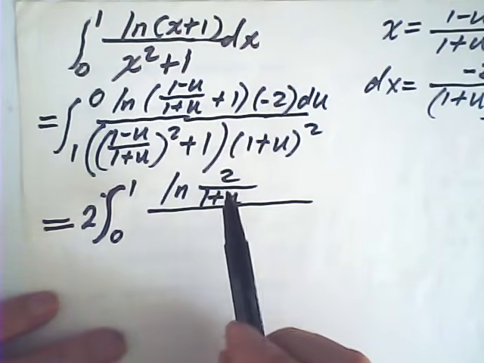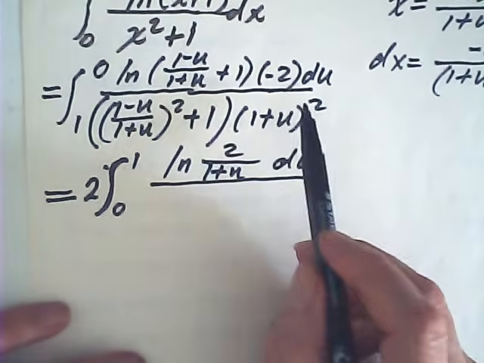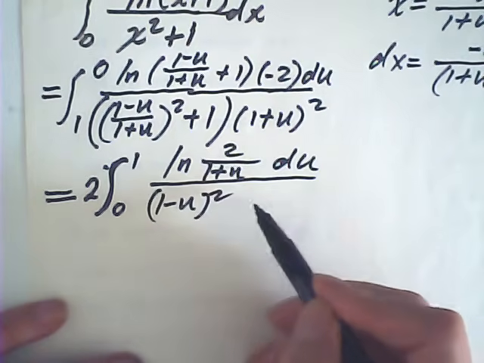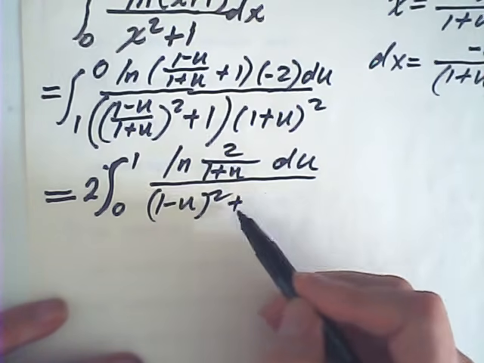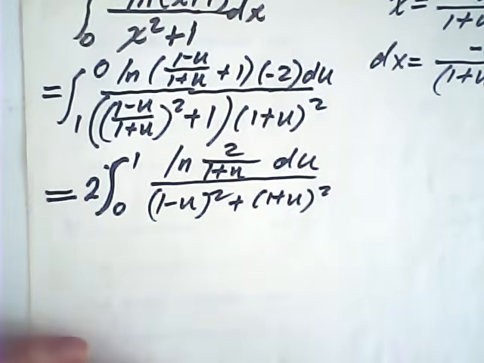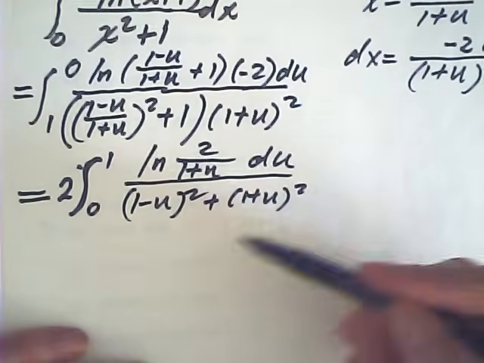So we end up with the 2 and the du. This one times this one is 1 minus u squared. This one times this one is plus 1 plus u squared. Good. This is just simple algebra.